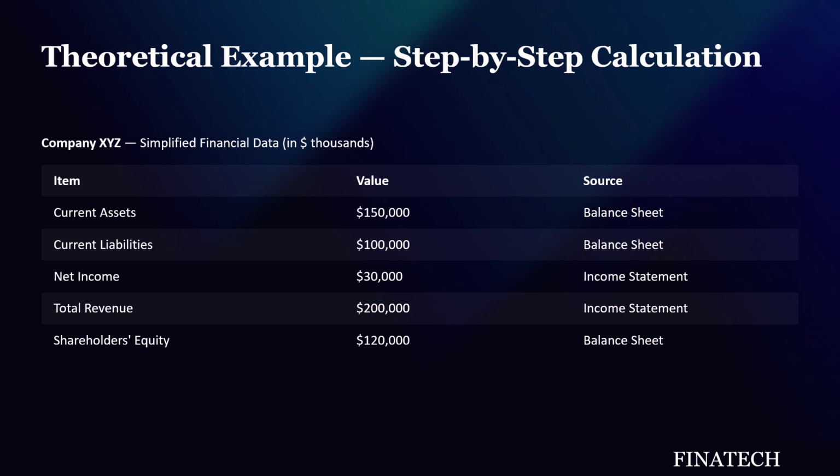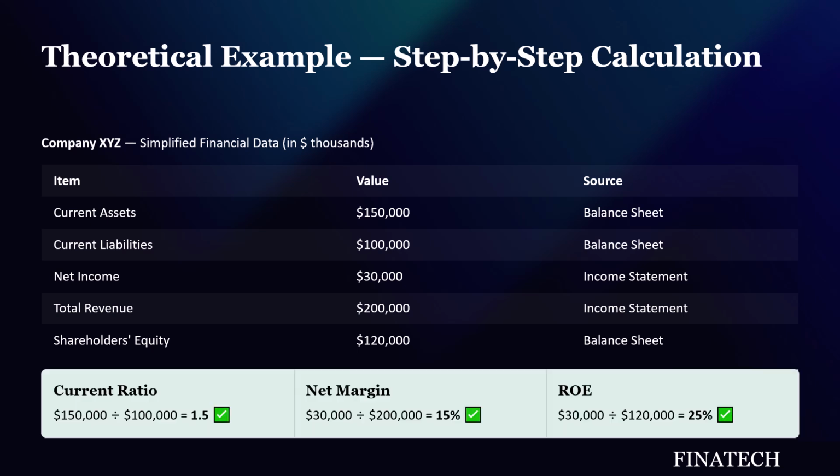Net income 30,000, from the income statement. Total revenue 200,000, from the income statement. Shareholder equity 120,000, from the balance sheet.